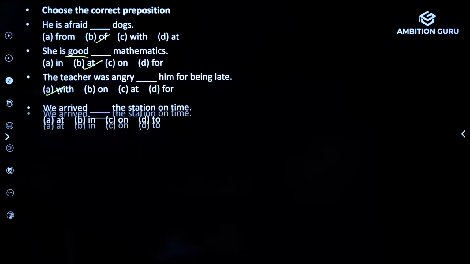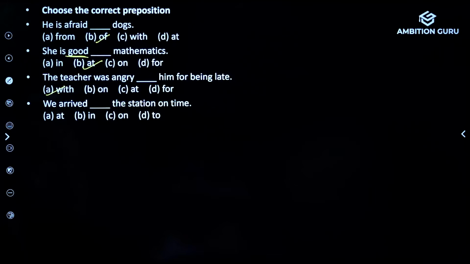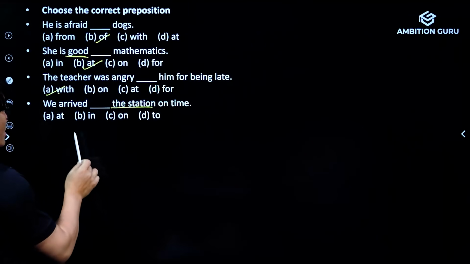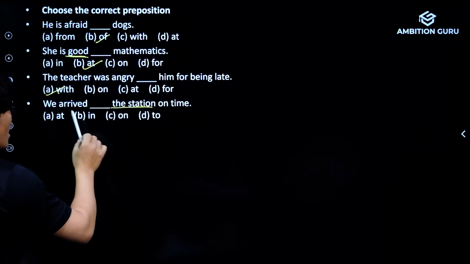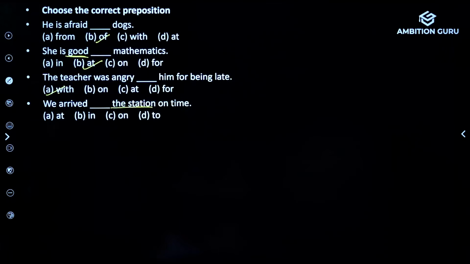Okay. Next question. We arrived dot dot dot the station on time. We arrive at the station, we arrive in the station, we arrive on the station, we arrive to the station, which is right?